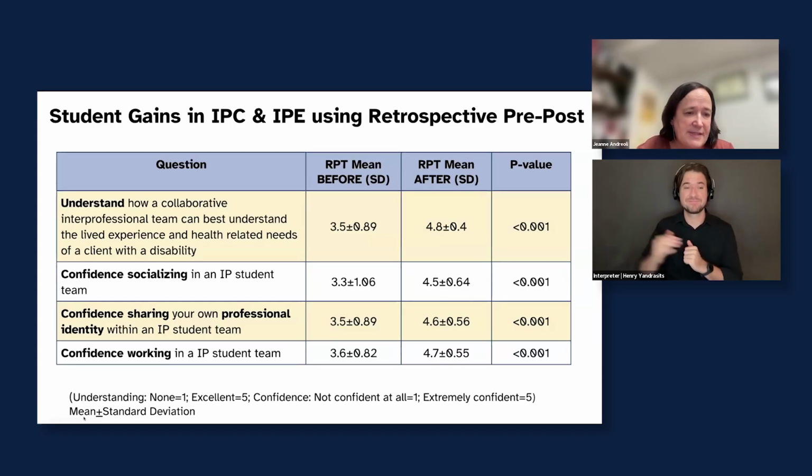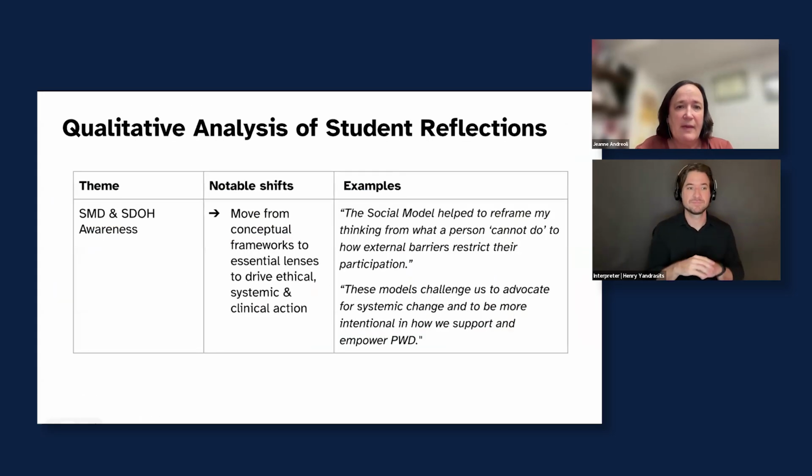What we also did was some qualitative analysis of the student individual reflections, and we don't have time to go over all of them. But one of the shifts that I want to talk about is the first one, where we looked at their awareness, a deeper awareness of the social model of disability and the social determinants of health.